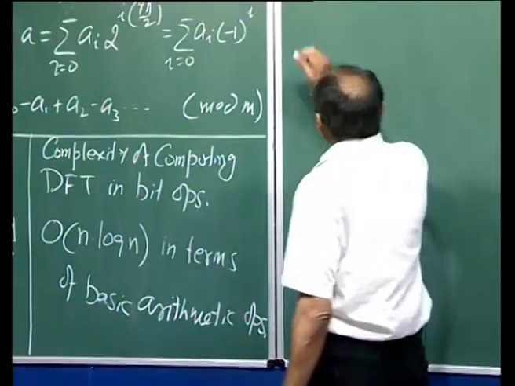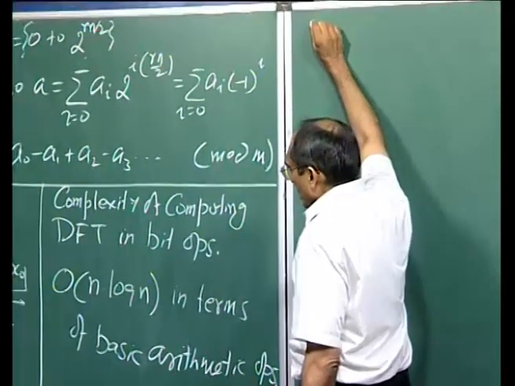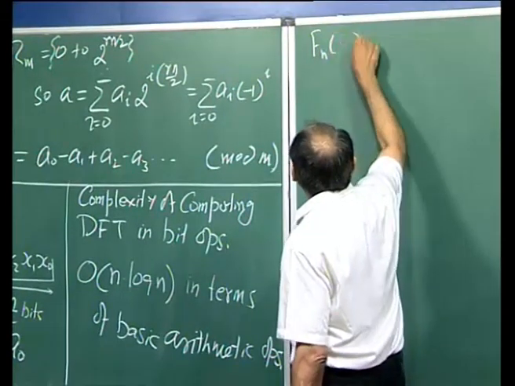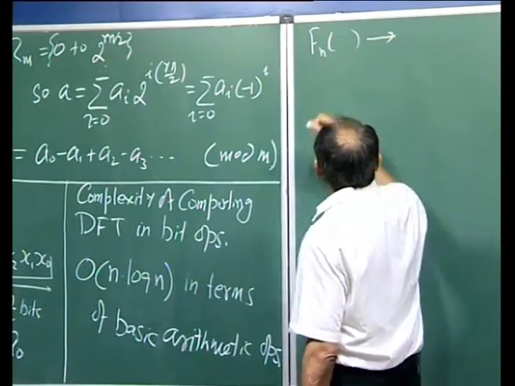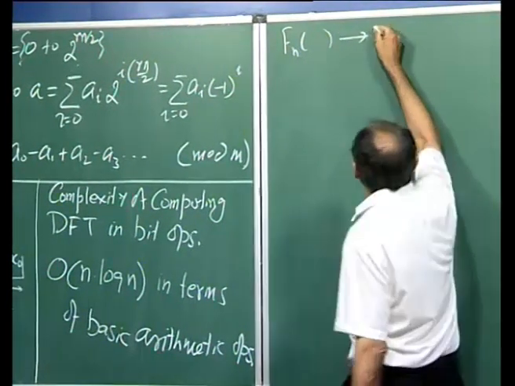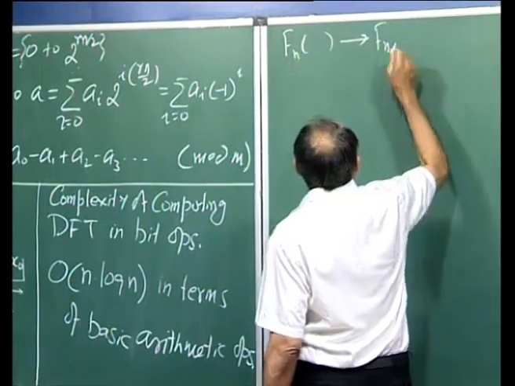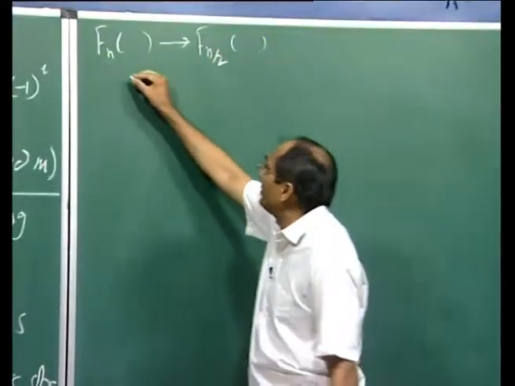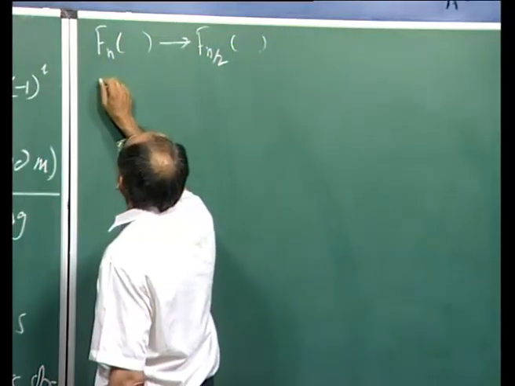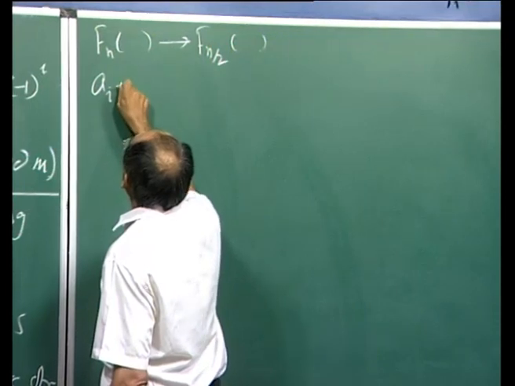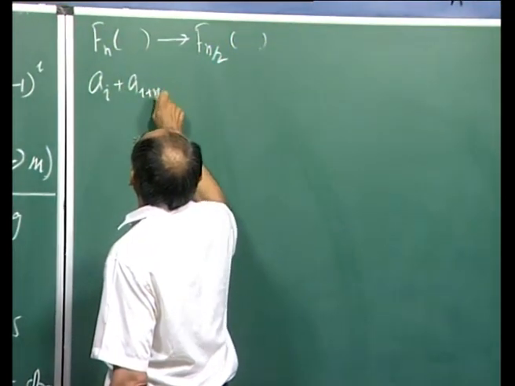So recall that a DFT, that is Fn of a vector, was reduced to two Fn by 2 of half size vectors, and in doing so we first computed ai plus a(i plus n by 2).